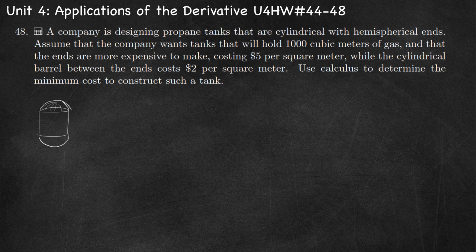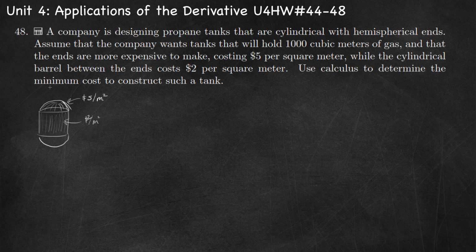So the spherical part here, $5 per square meter, while the cylindrical barrel between the ends is only $2 per square meter. So this part here, $2 per square meter. Use calculus to determine the minimum cost to construct such a tank.